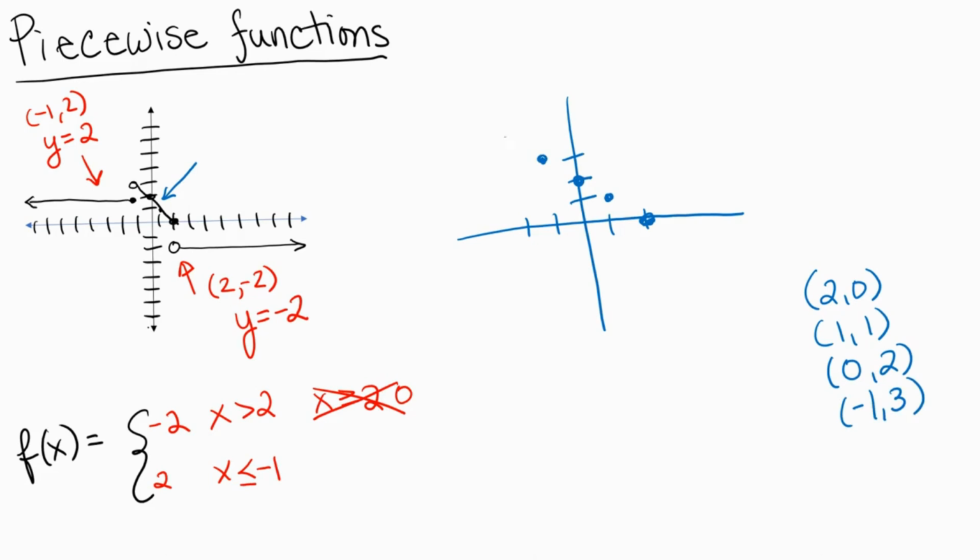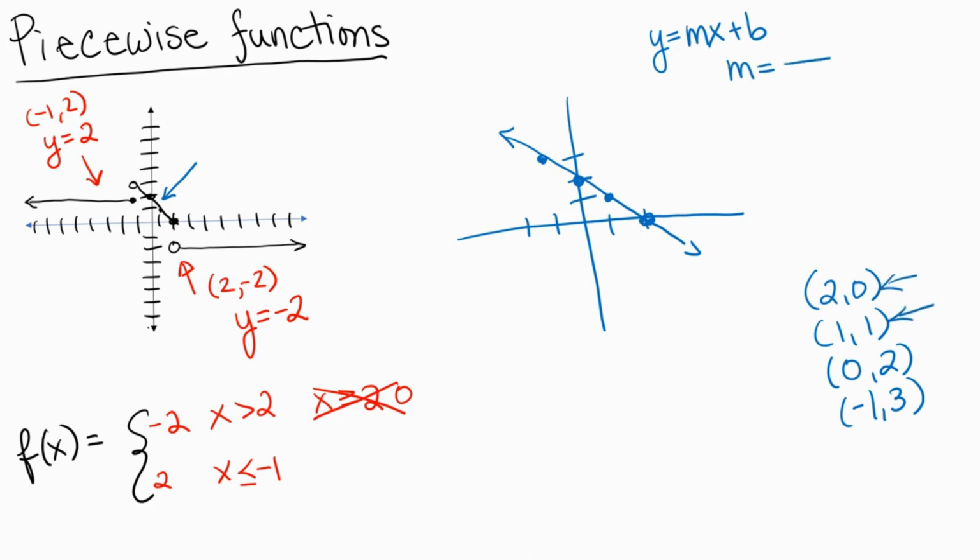Now, we have this line, and what we need to do is find the equation of this line. As you recall, equations of a line are y equals mx plus b. So we are going to find m. We're going to choose 2 of our points. I'm going to choose these first 2.